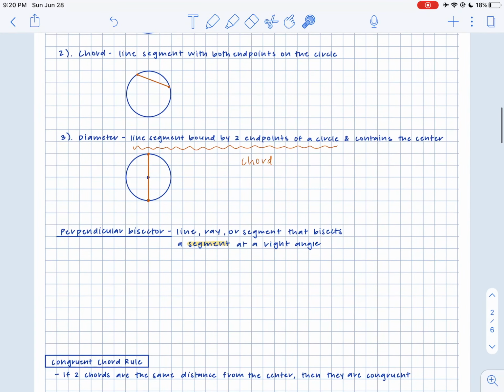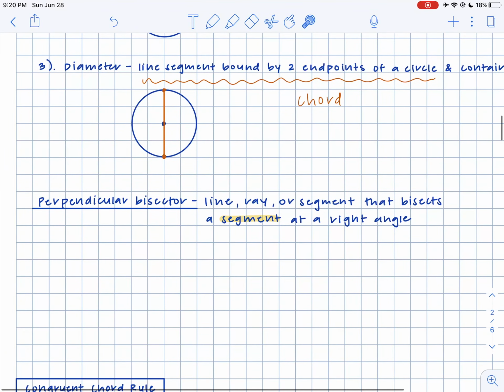So before we get into that, let's remind ourselves of a perpendicular bisector. This is something you learned in the first semester when we talked about rays, lines, and segments, when we first introduced those concepts. So let's refresh our memory on what a perpendicular bisector is.